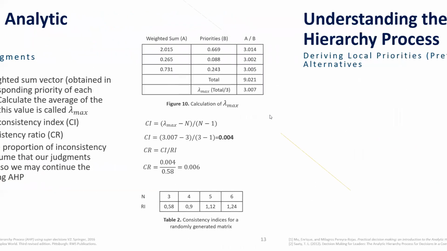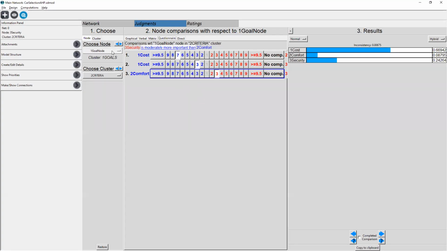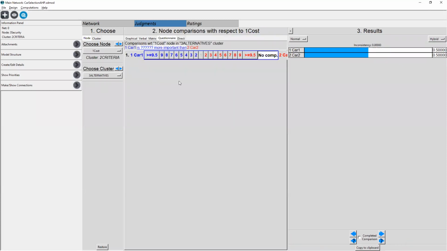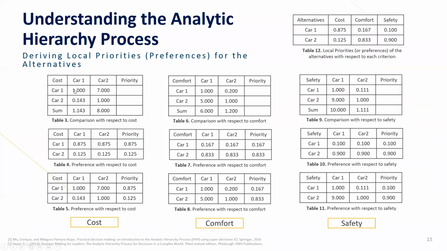The next step, after we have the value for each criteria, we can move on to give the value for each alternative, or judge the alternatives, right? So here we go to the cost first, and then remember we do this calculation. We need to compare car 1 and car 2 in terms of cost.